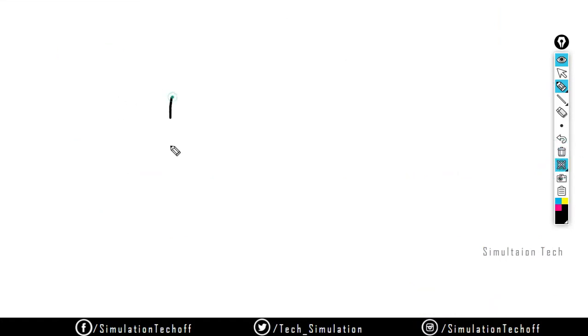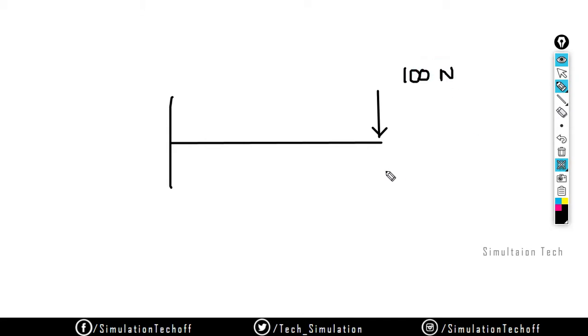Whenever I have a bar like this, if a load is applied in this direction, maybe 100 Newton, what happens here is that in the first second it may deform like this.